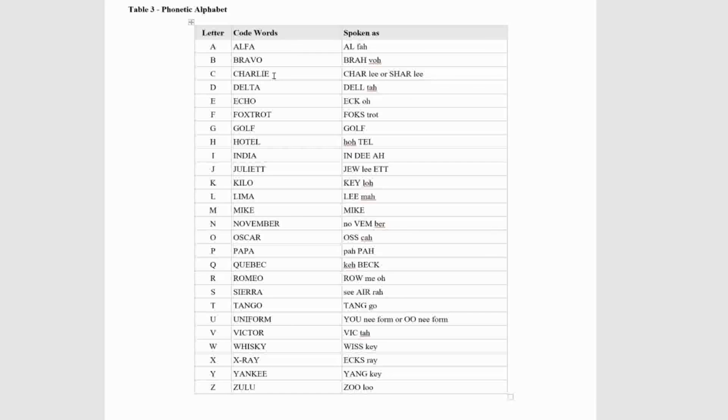Charlie's a man's name. Delta, part of a river. Echo, hello, hello, hello. Foxtrot, it's a dance. Golf's a game. Hotel's where you get a beer. India's a country. Juliet's a woman's name. Kilo is an engineering notation. Lima is a bean. Mike's a man's name, and so on. They all mean something. Whiskey's not a bad drink. Tango's a dance, and so on.